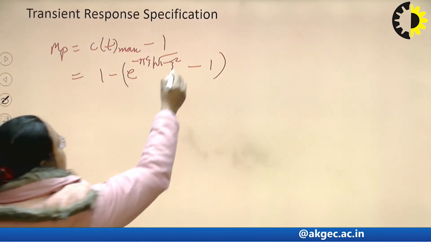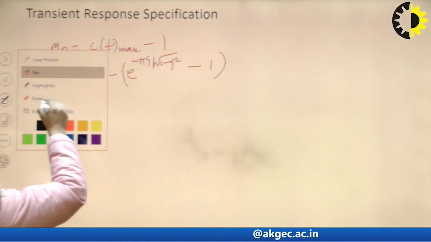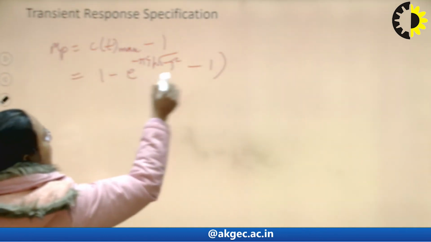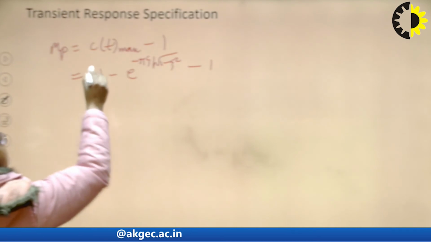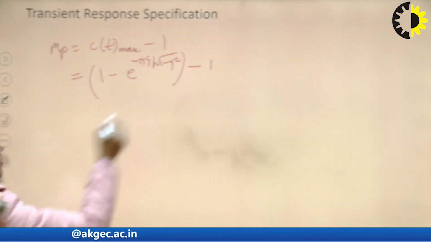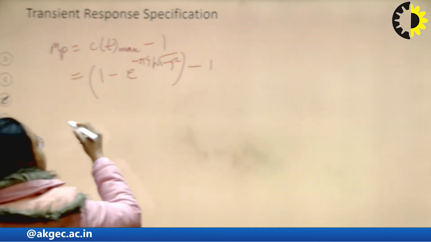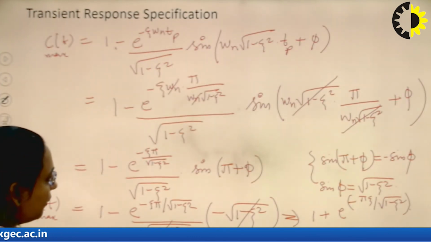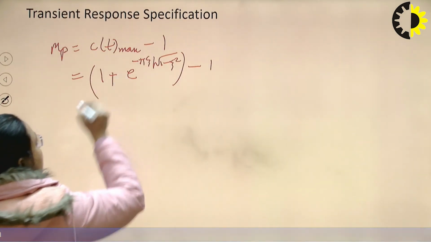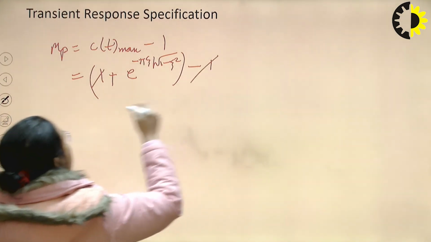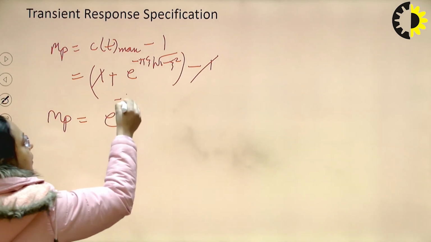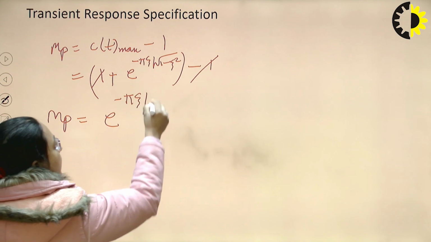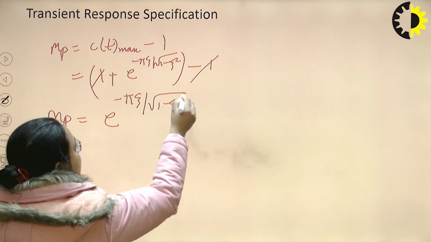This is the value for CT max, and minus 1. So there's something wrong. Oh, it is plus. This is plus. So the 1 gets cancelled out, and we get the value of MP equal to e raised to the power minus pi zeta upon under root 1 minus zeta square, right.